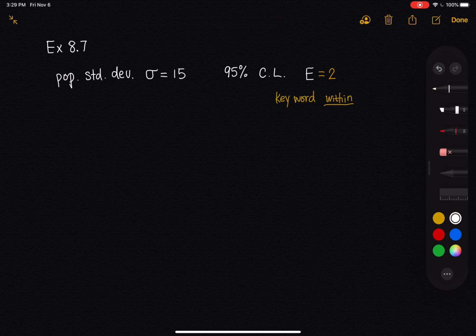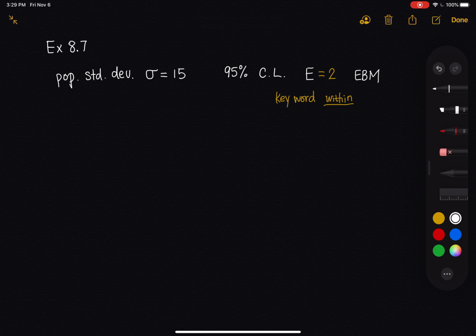Now in the textbook, it makes it specific, okay? It's the error bound for the mean. And you also see EBP, and that is the error bound for proportion. But in our case, we're dealing with the mean, okay? We want the mean to be within 2 years.